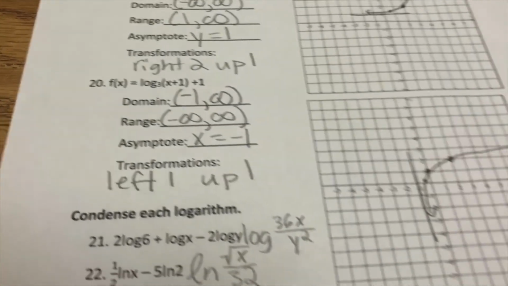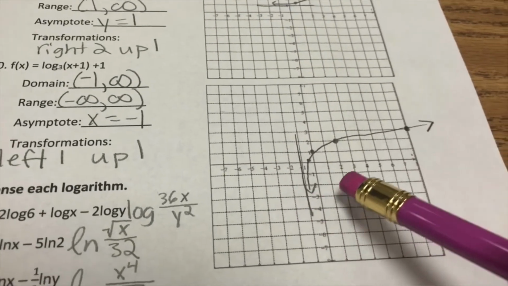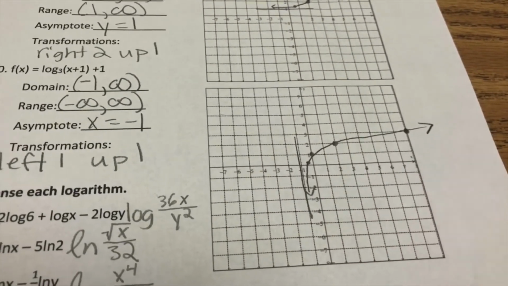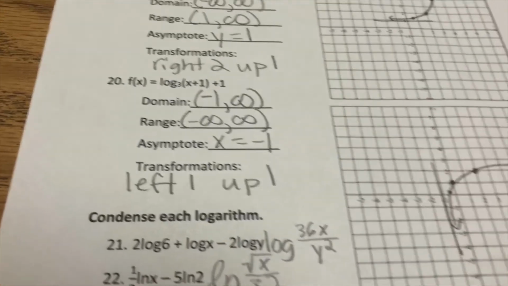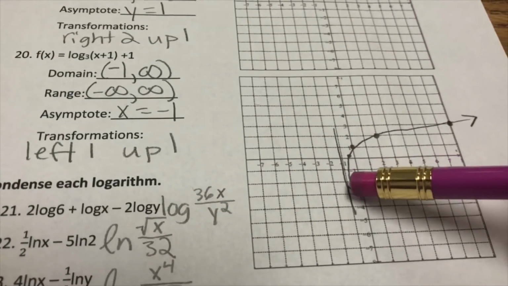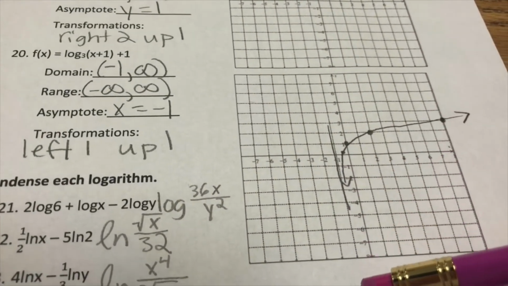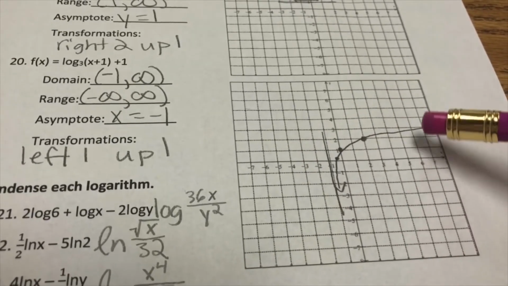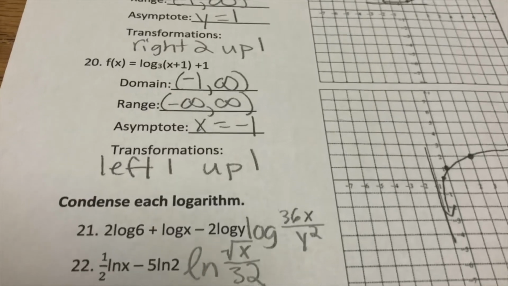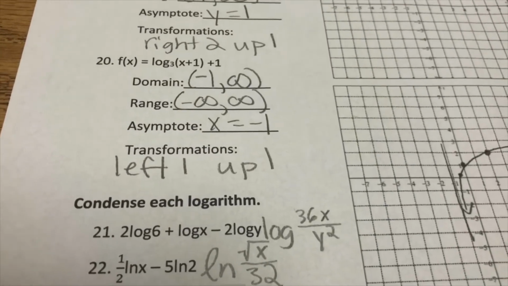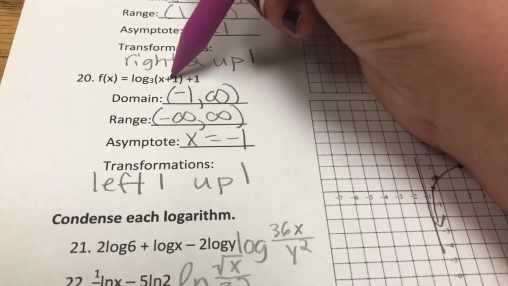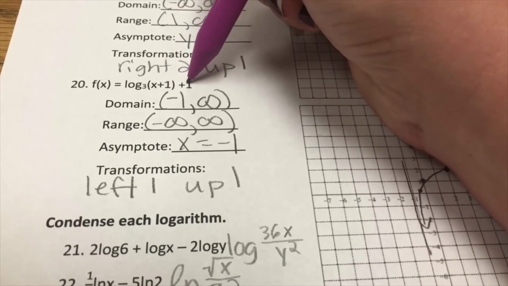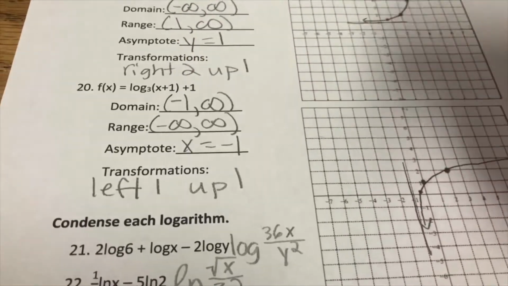So we're going to go negative 1 all the way to the right forever. Your range is going to keep going down forever, so we're going to have negative infinity all the way to positive infinity because it keeps going up very slowly, but it keeps going up. Transformations, left 1 because that plus 1 on the inside, and up 1 because we have plus 1 on the outside.